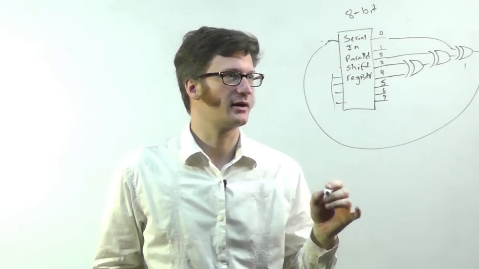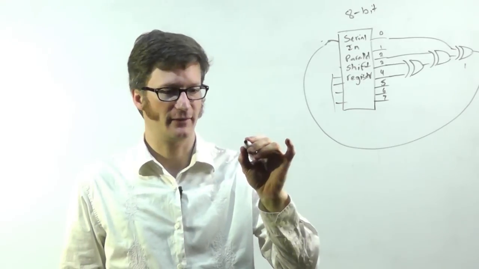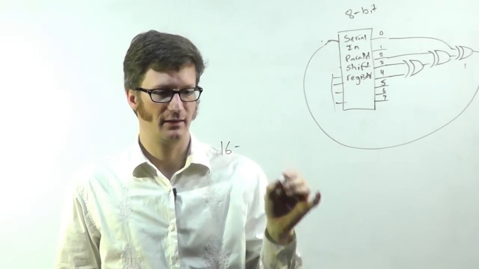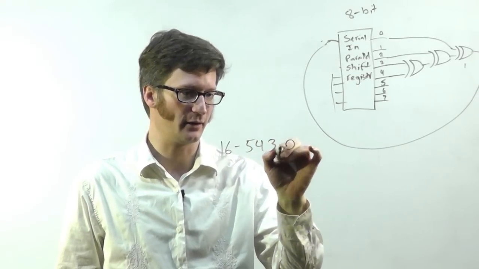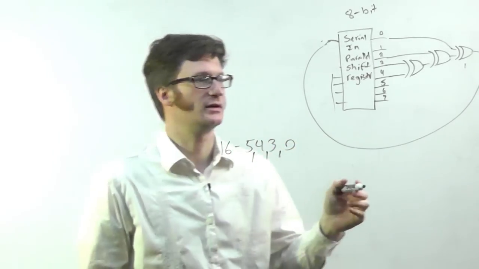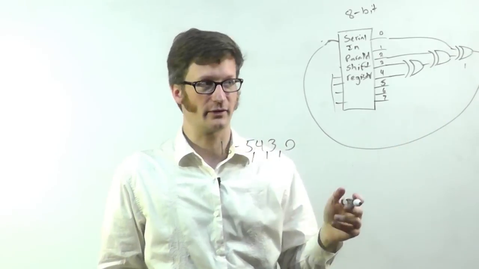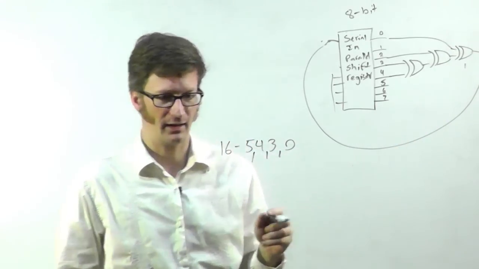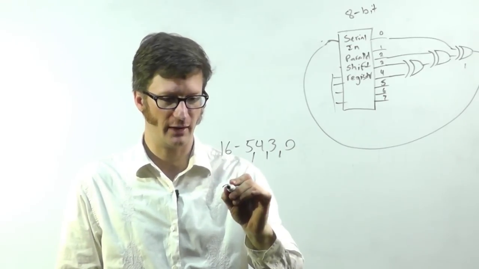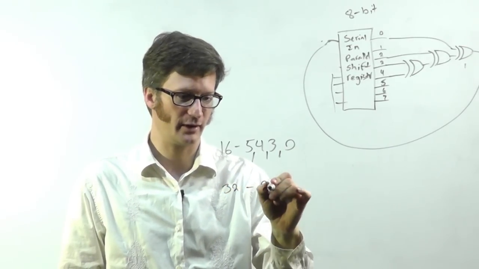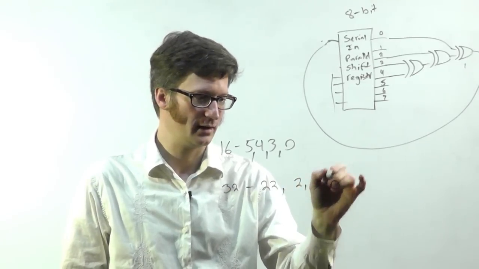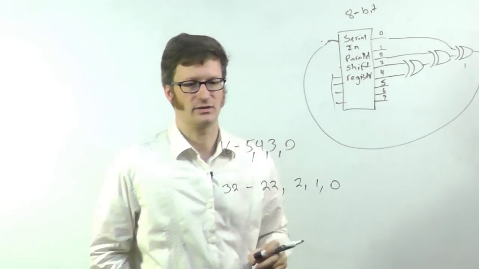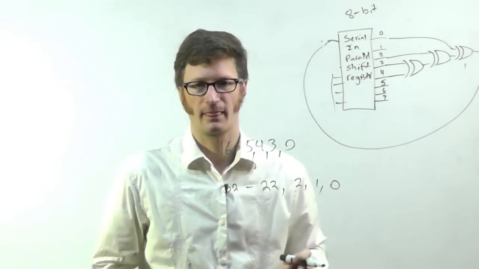Now, I'll give you a couple others. For 16-bit, you use 5, 4, 3, and 0 exclusive ORed together. And for 32-bit, you use 22, 2, 1, and 0 as your inputs to the exclusive OR.